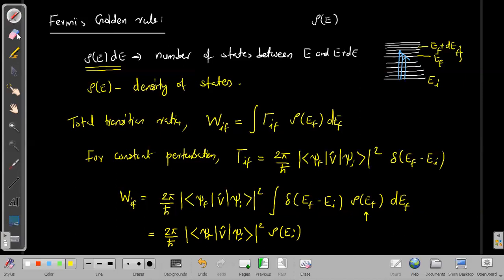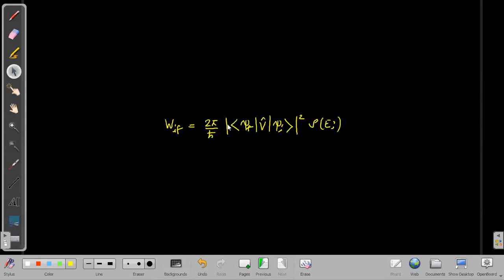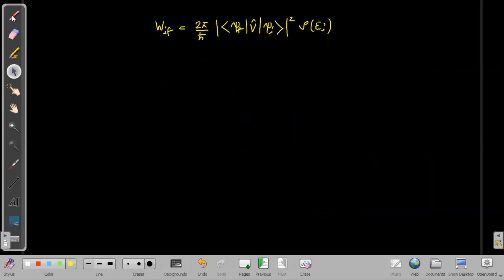So that is your W_IF. This is a remarkable result, and it is called Fermi's golden rule. So that is for constant perturbation.